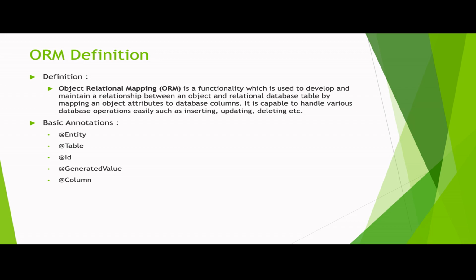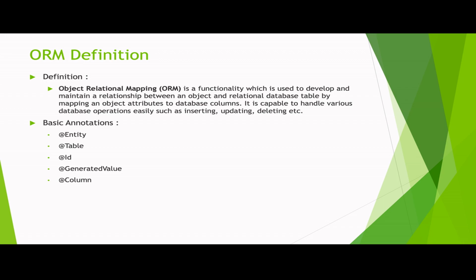So a class we can demarcate as an entity class which will be mapped to a table. Now how will I do that? Mapping objects, like object attributes, to a particular database column.